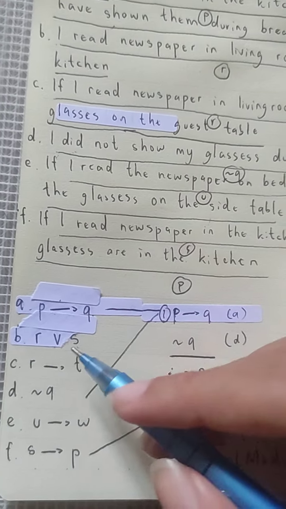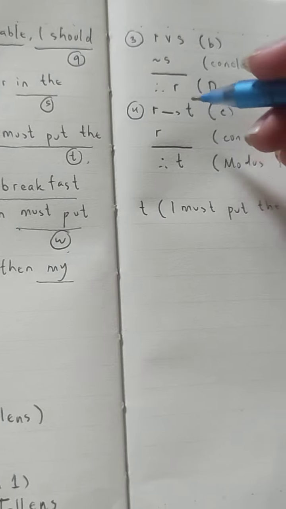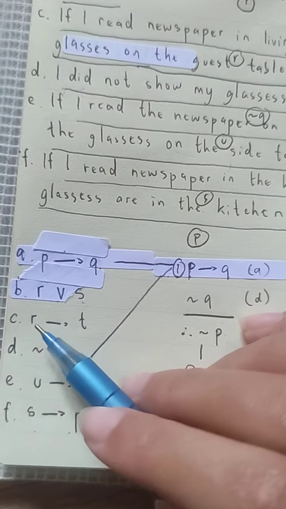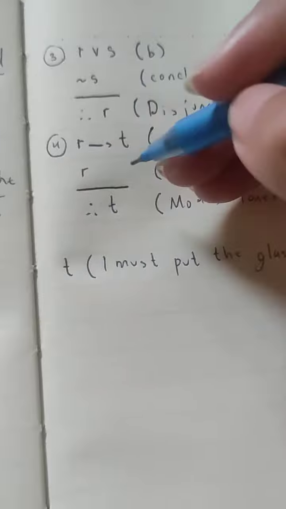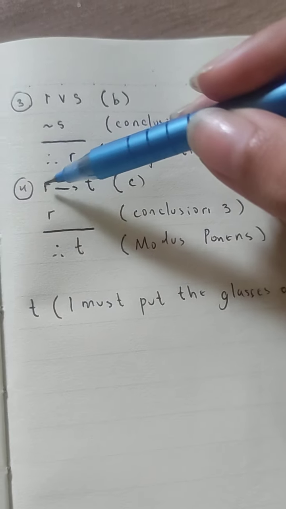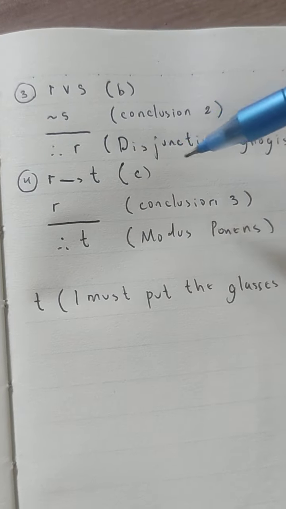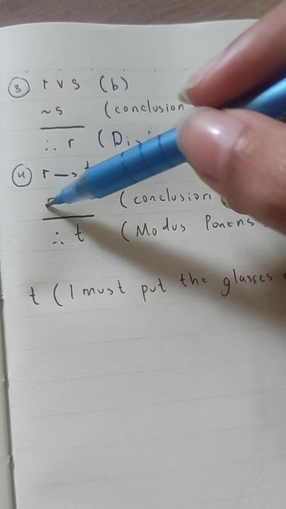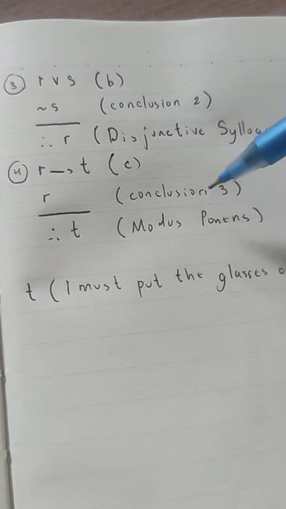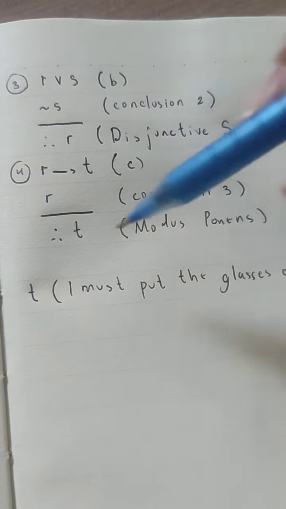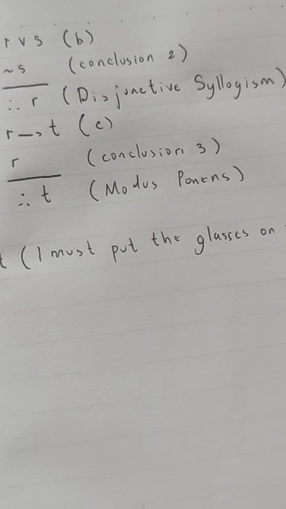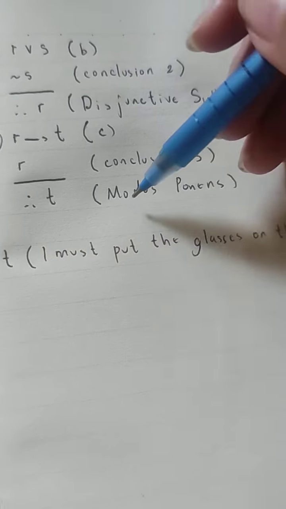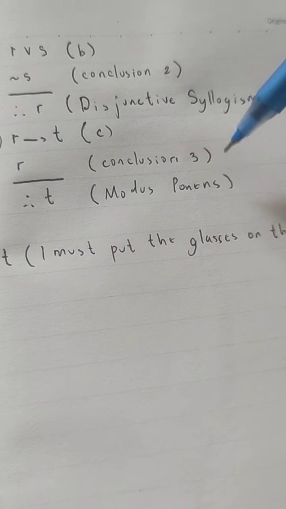And then last, number 4, we use from point C, because there's an R in point C. So there's R implication T from point C, and then R from the conclusion 3, and then we get conclusion T. We use modus ponens.